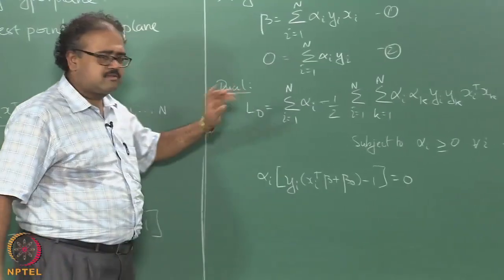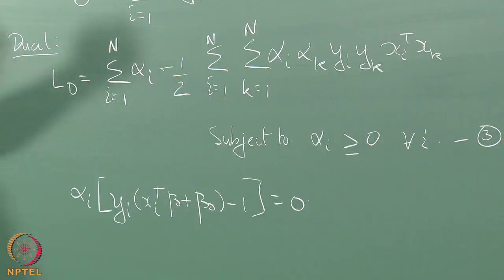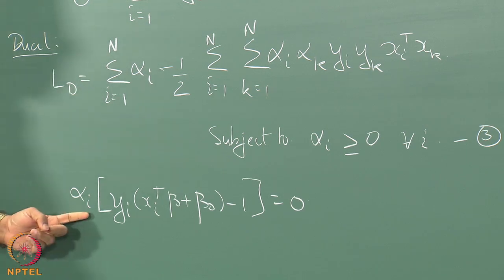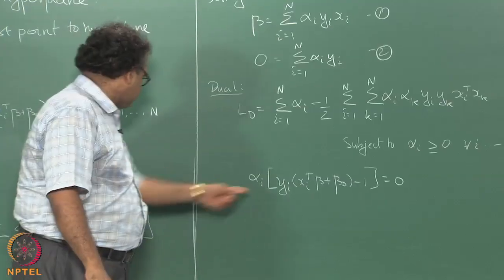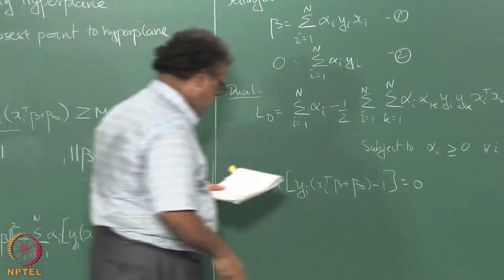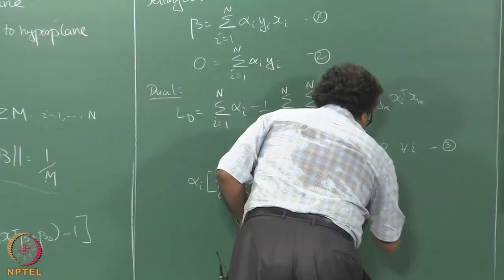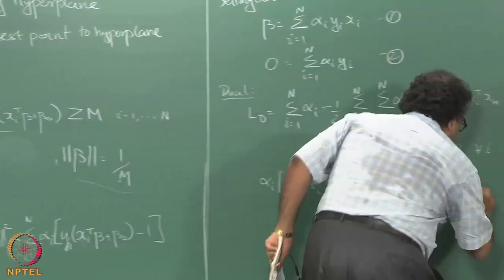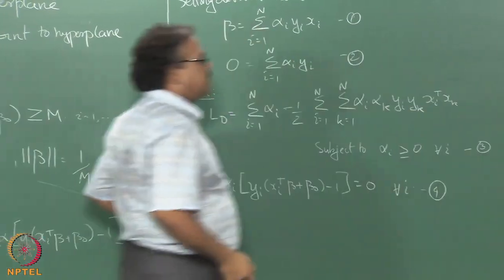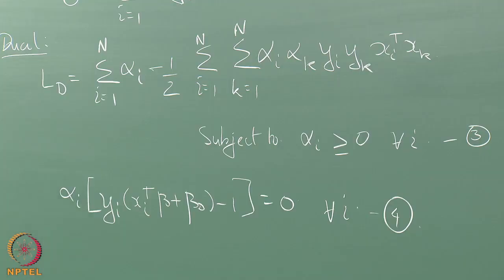I don't know if in the notes you saw it as lambda i f_i. So this is alpha i into f_i. So this is my f_i. That's the fourth. These are the KKT conditions that need to be satisfied.